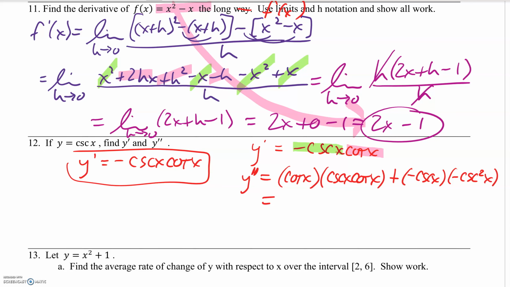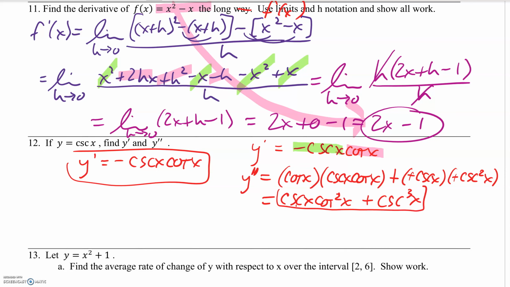As a little reminder, if you do not know all of your 6 trig derivatives, memorize those, right? I can't stress that enough. If you don't know those, you can't do the tougher problems that involve that as one little minor step. So then we're going to multiply your cotangents together, make them squared, and then you've got a minus and a minus, multiply to get a plus, but that is going to be a cosecant cubed out there.